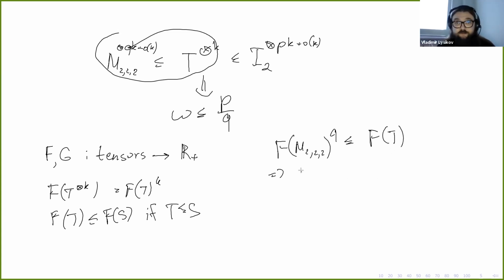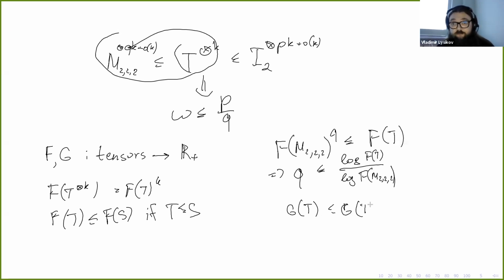And it follows that q is less than log f of t over log f of matrix multiplication. And from the second inequality, we get that g of t is less than g of I_2 to the power of p. And it follows that p is greater than log g of t over log g of I_2.